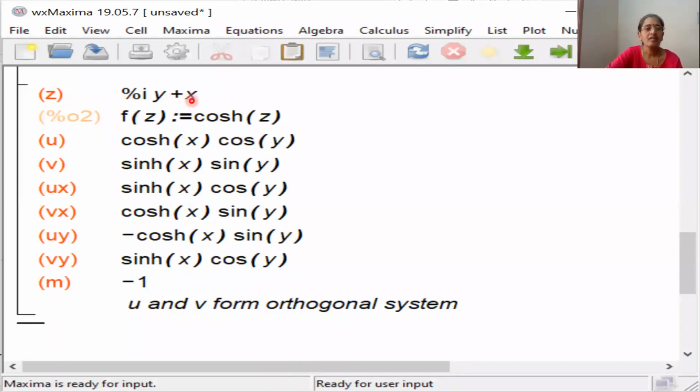See here, this is the value of z, and this is f of z, the functional value cos hyperbolic z. And u, this is the real part, and v, that is the imaginary part. And these four are the partial derivatives of u and v with respect to x and y. And the m value is minus 1, therefore the two curves, that is u is equal to c1 and v is equal to c2, form an orthogonal system.